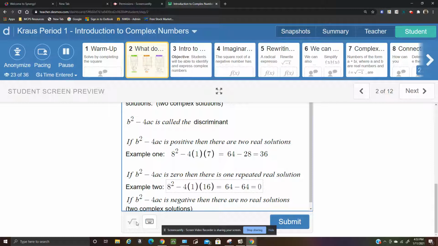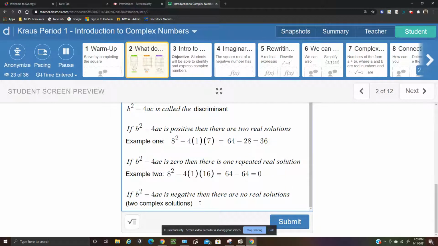So we have one real repeated solution. The vertex is on the x-axis. Example 1, there's two x-intercepts because the discriminant is positive.